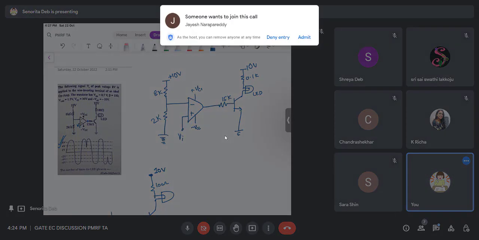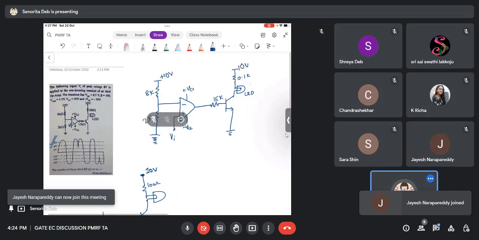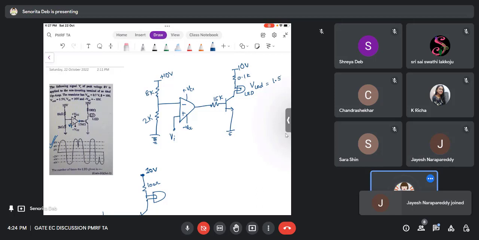Okay. So VLED they have given as 1.5 volt. VB they have given as 0.7 volt. VCC is already given plus 10 volts, minus 10 volts, and beta they have given as 100.